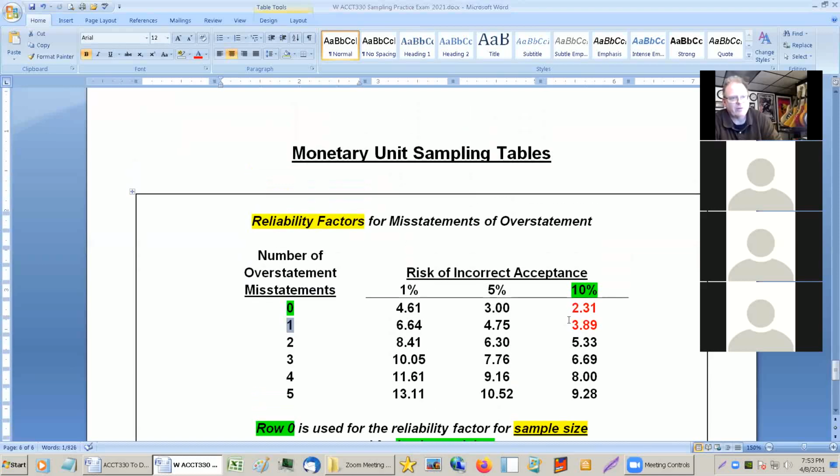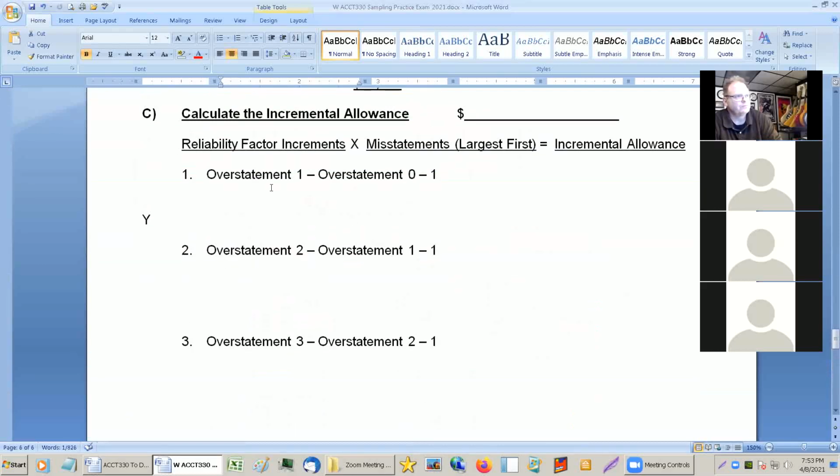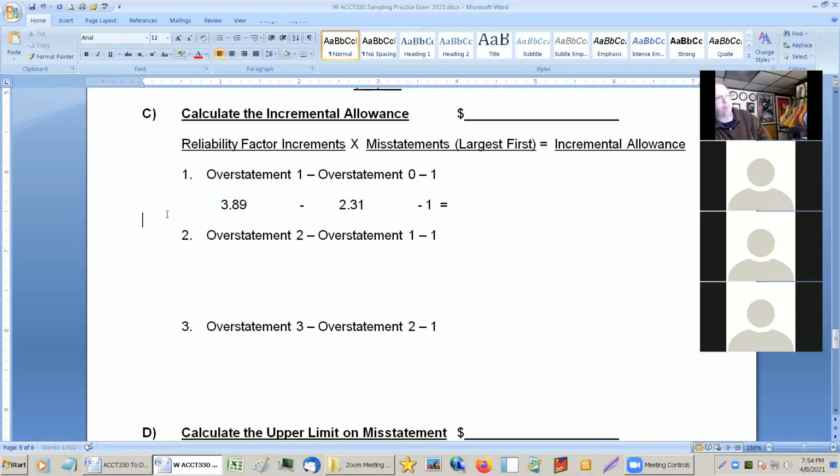So this is what we use in our formula. So 3.89 minus 2.31 minus 1.